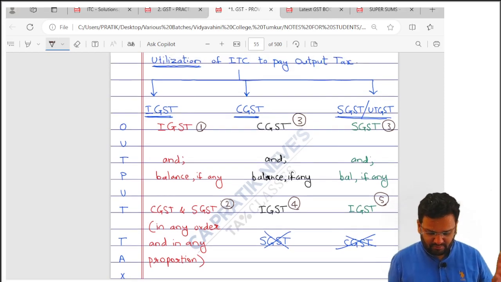Okay, so this is the sequence of utilization.